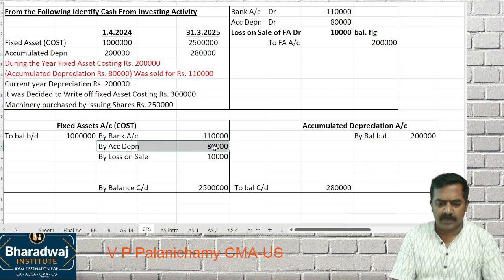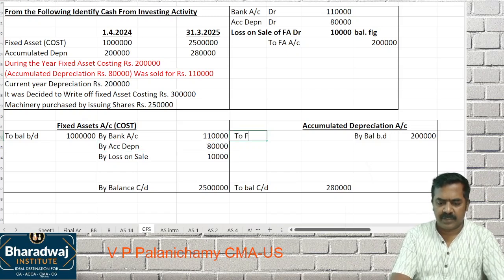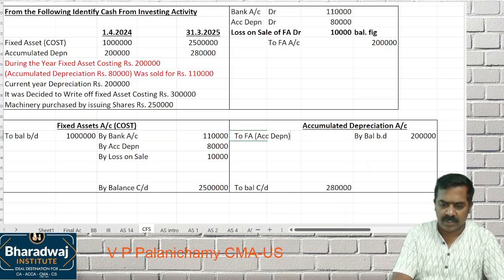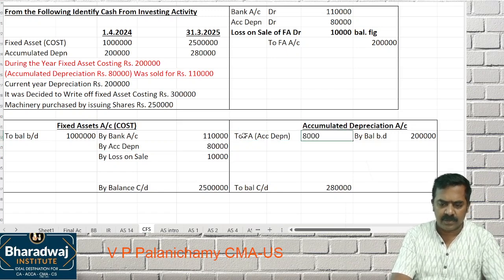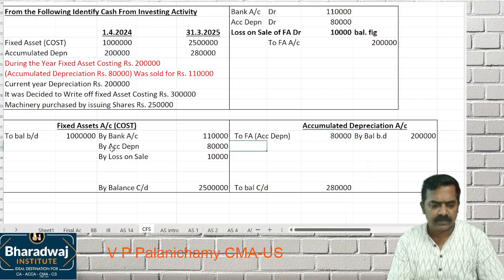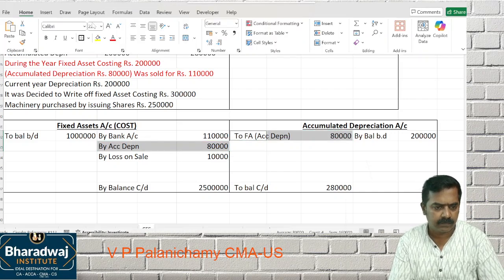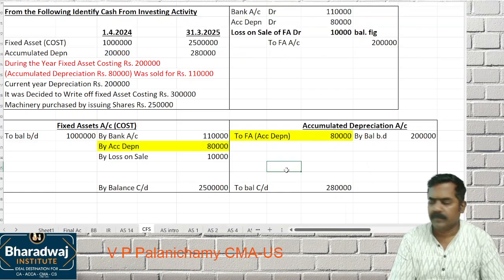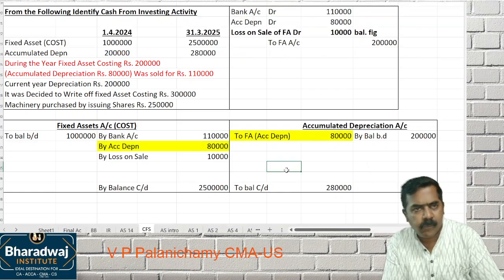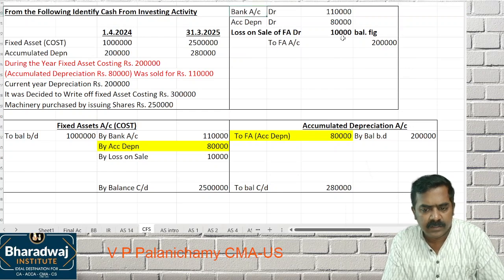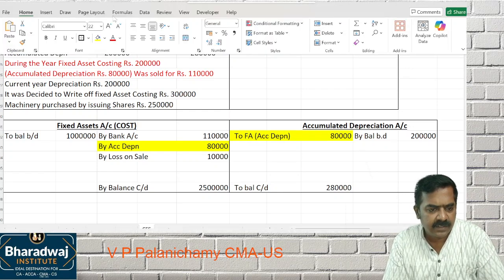Now, this will come in accumulated depreciation to fixed asset. Accumulated depreciation on this sold asset, how much? 80,000. This is for the sale of asset.